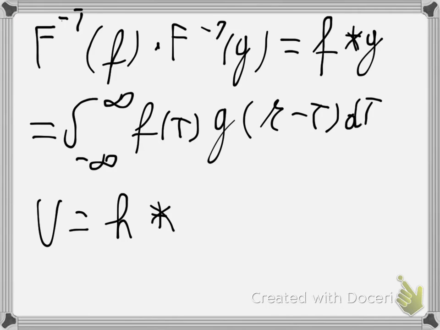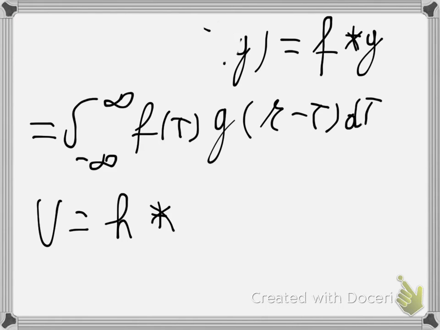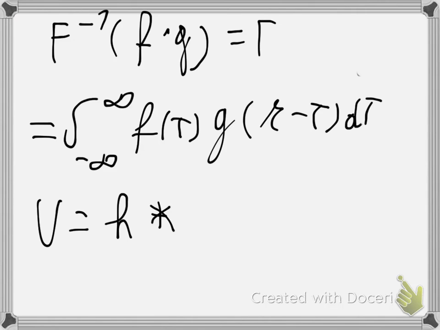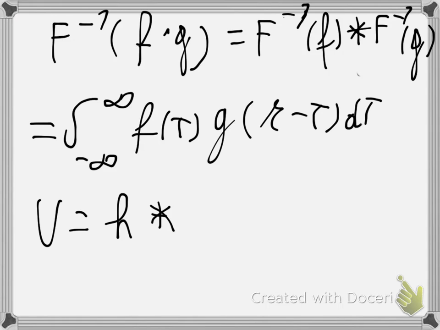convoluted with... I just see that I made a mistake. The convolution theorem doesn't state what I said. Let me just rewrite that. It states that the inverse Fourier transform of the product of two functions is equal to the inverse Fourier transform of one function convoluted with the inverse Fourier transform of the other function.